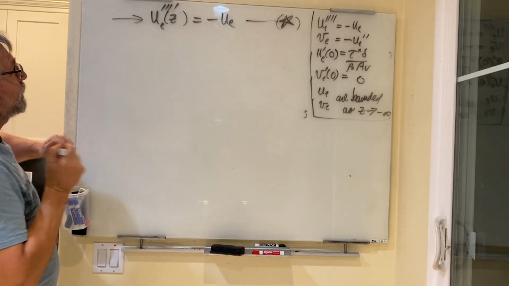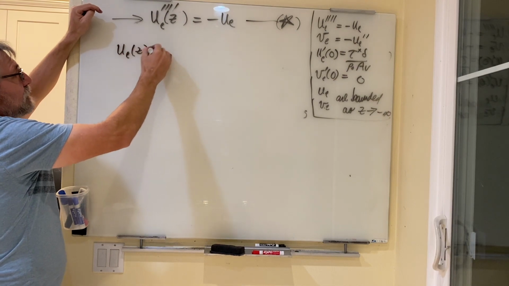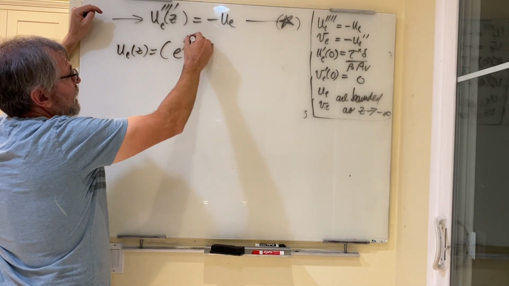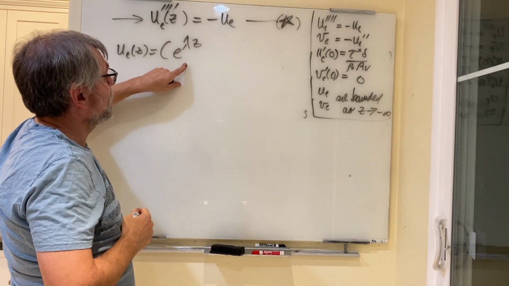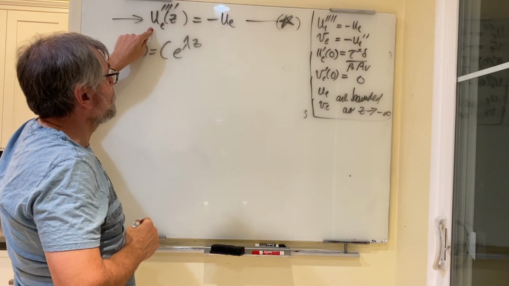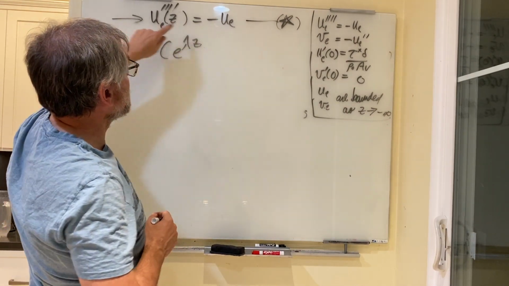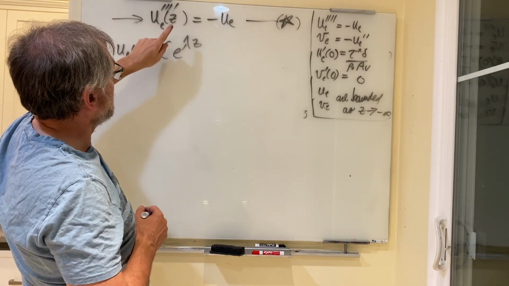All right, so we're going to look for a solution of the form UE of z equals some constant c times e to the lambda z. This exponential form is a general form of a solution to equations that are linear and constant coefficient. UE appears only linearly in these expressions. Derivatives are a linear operation, and they have constant coefficients.